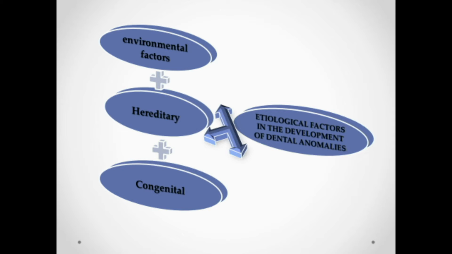The etiology of malocclusion is a fascinating subject about which there is still much to elucidate and understand. At a basic level, malocclusion can occur as a result of genetically determined factors, which are inherited, or environmental factors. Or more commonly a combination of both inherited and environmental factors acting together.